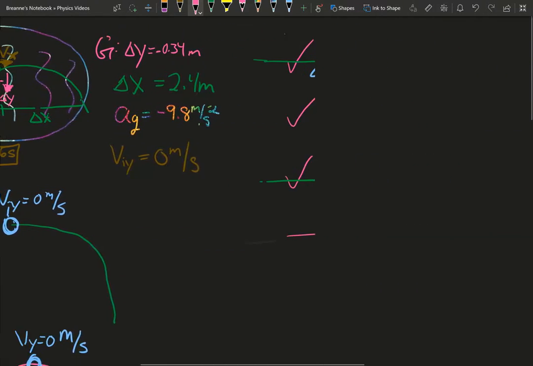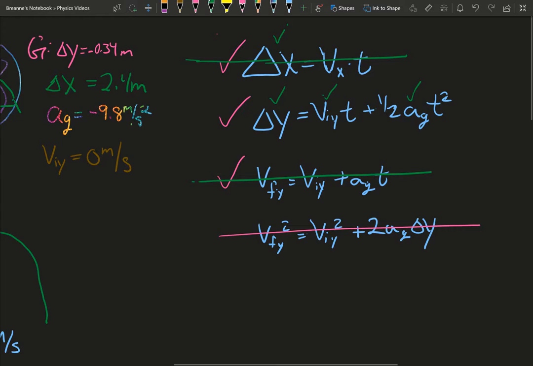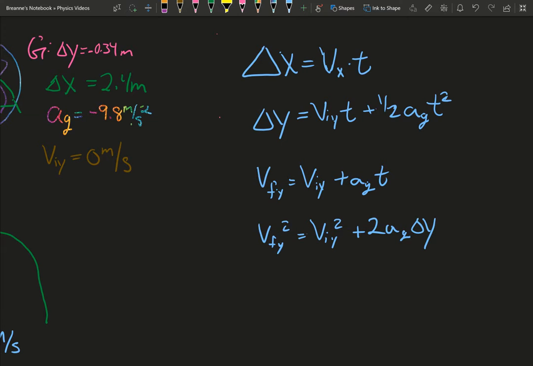So let's come over here and look at our equations. We're going to make that disappear. So we can start over and look at all our equations. There we go. So now we're looking for Vx.